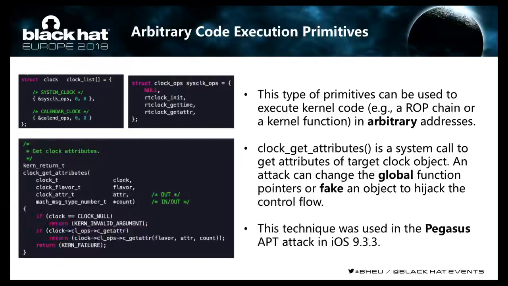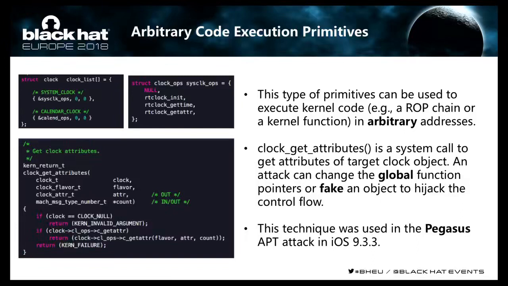The last primitive is the arbitrary code execution primitive. This type of primitive can be used to execute kernel code, for example, a ROP chain or kernel functions at arbitrary addresses. For example, clock_get_attributes is a system call to get attributes of the target clock object.